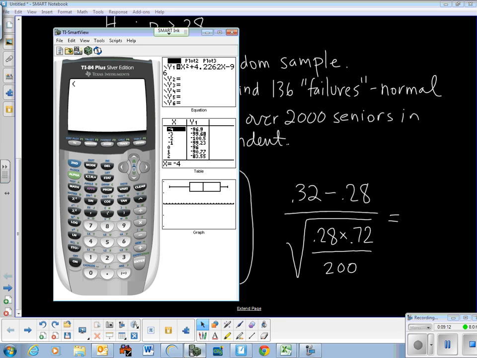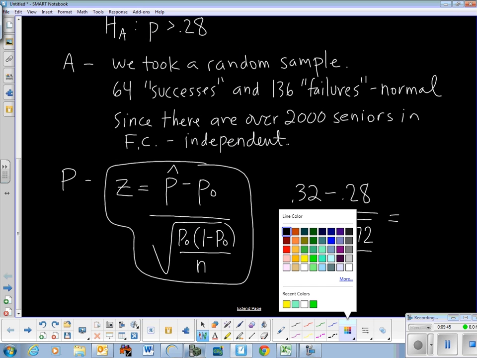So the numerator in parentheses is 0.32 minus 0.28. There's my numerator, divided by the big square root of 0.28 times 0.72 divided by 200. Close the square root, and we should be good. 1.259, let's call it 1.26, because that's what you do with z-scores.